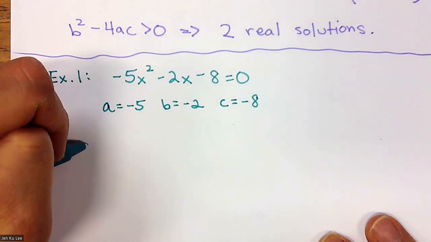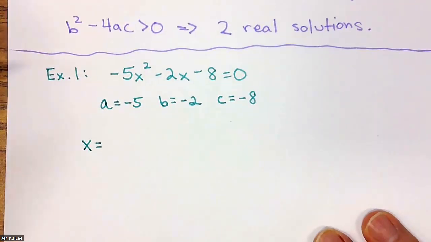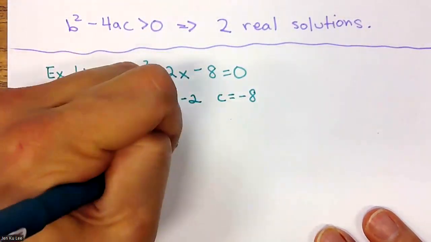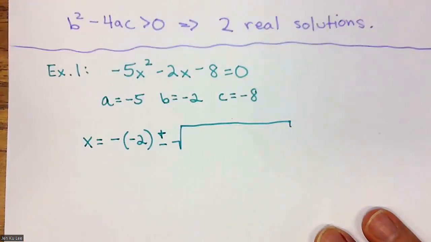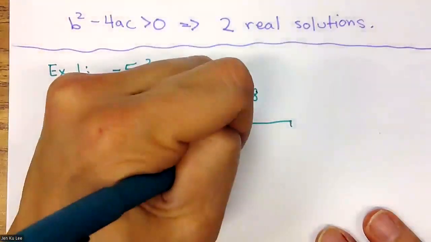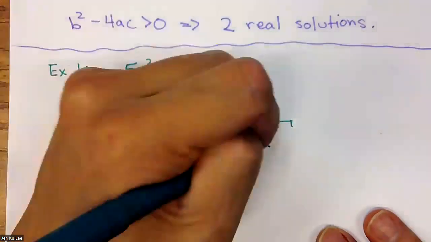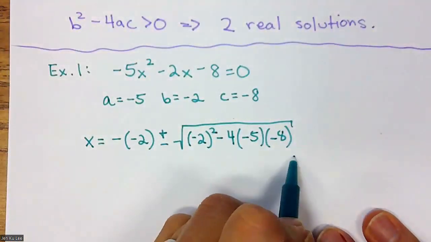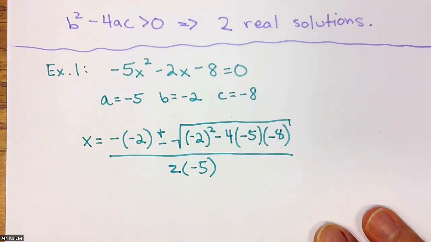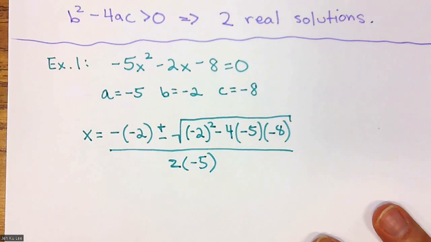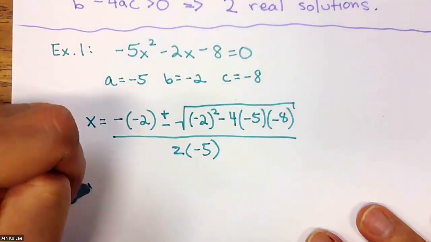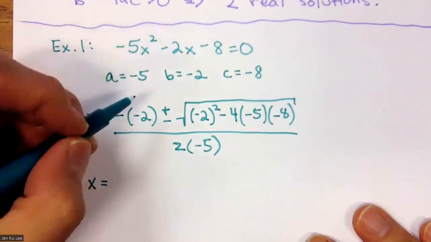So I'll just plug it into my quadratic formula. x equals negative b, so negative negative 2, plus or minus the square root of b squared, so negative 2 squared, minus 4 times a, negative 5, times c, negative 8, all over 2 times a, which is negative 5. Then we just simplify, which is quite simple, just a lot of numbers.